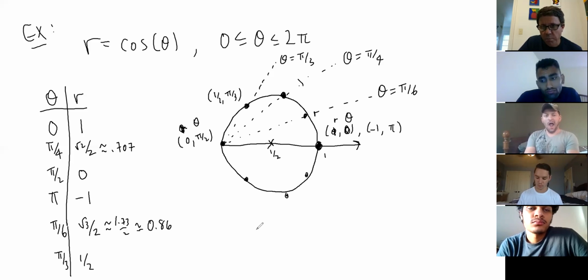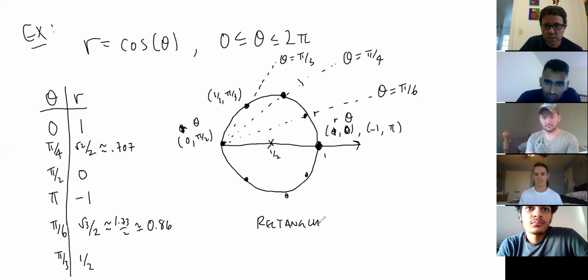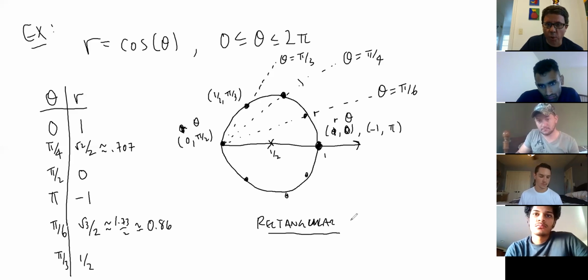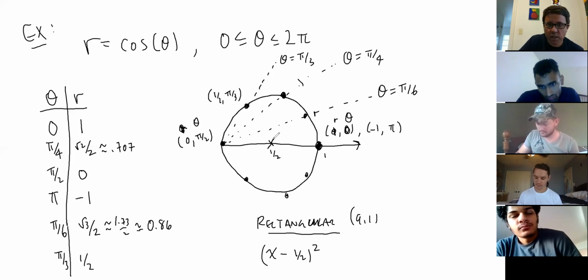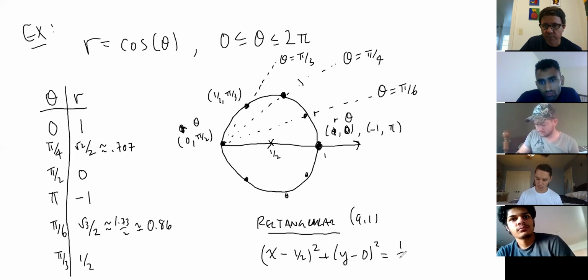So if I wrote this in rectangular coordinates, just using section 9.1, let's go back to section 9.1 here. That should be x minus 1/2 squared plus y minus 0 squared equals 1/2 squared. So it's x minus the x coordinate of the center, y minus the y coordinate of the center, and then the radius squared.